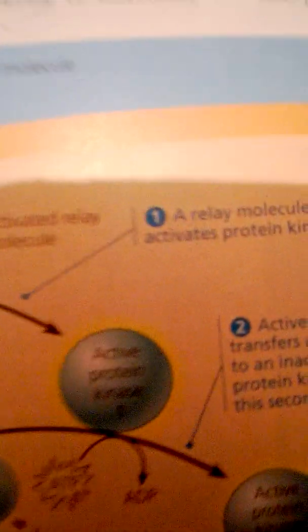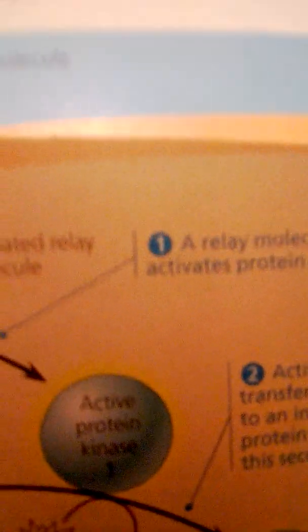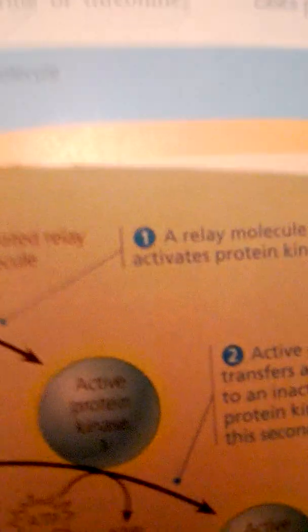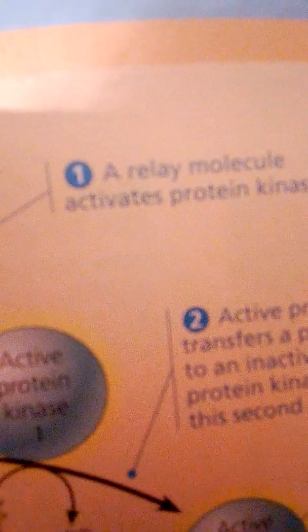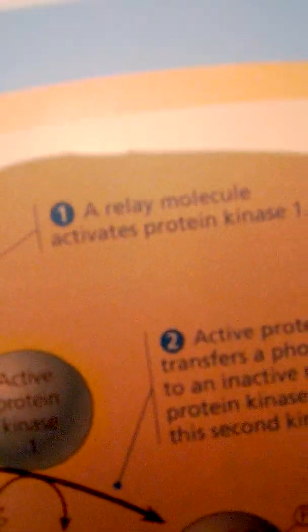In fact, the phosphorylation and dephosphorylation of proteins is a widespread cellular mechanism for regulating protein activity. The general name for an enzyme that transfers phosphate groups from ATP to a protein is protein kinase.